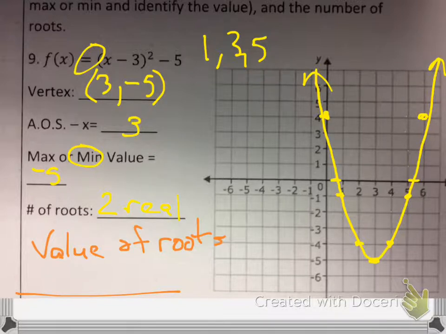And your first answer would be 0.76, rounded to the nearest hundredth, and the other is 5.24. And there you go, 2 answers. Done. All right, next one.